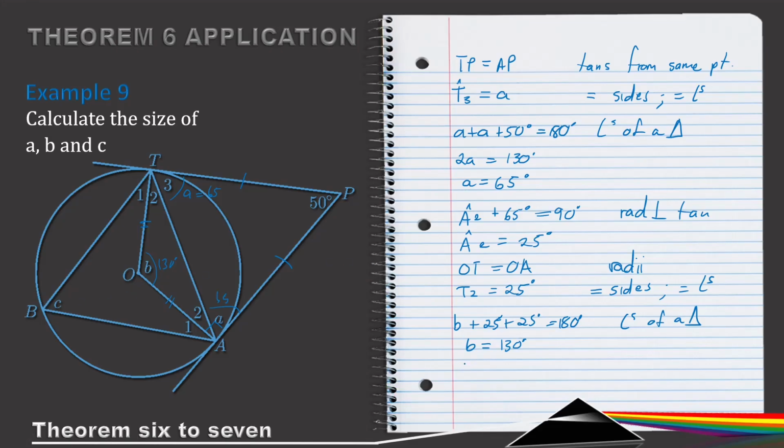So simply to find C, we can just halve this angle, and this is going to be 65 again. And our reason is angle at center is 2 times the angle at the circumference. Right, and then we're done with that one.